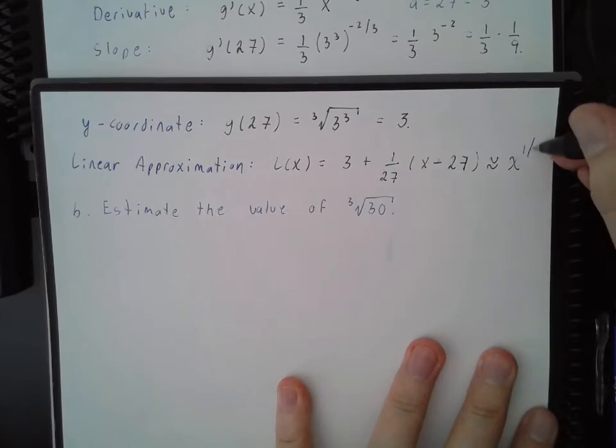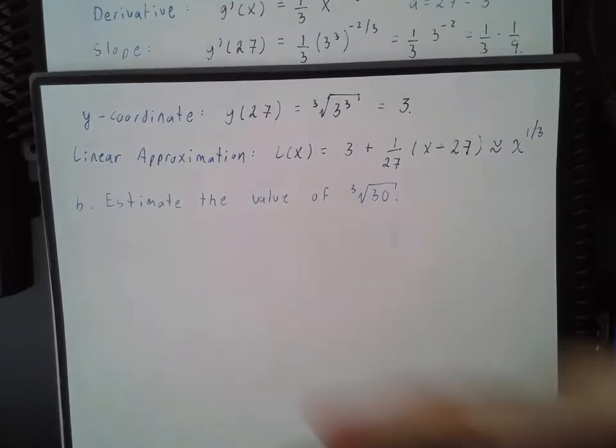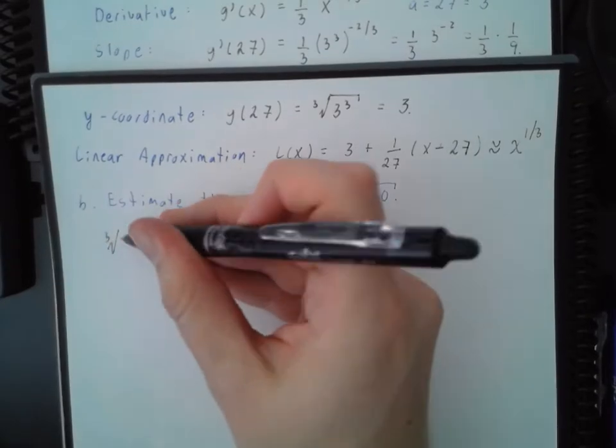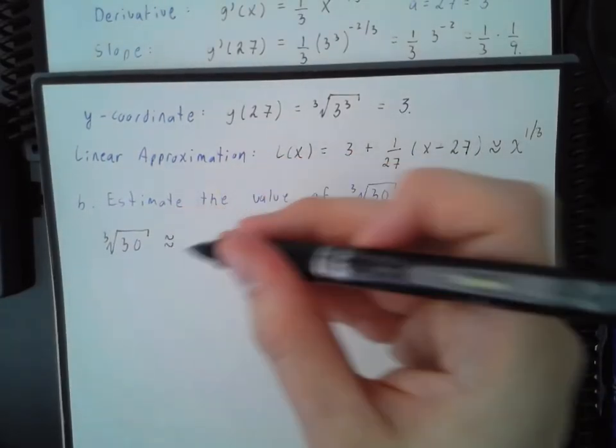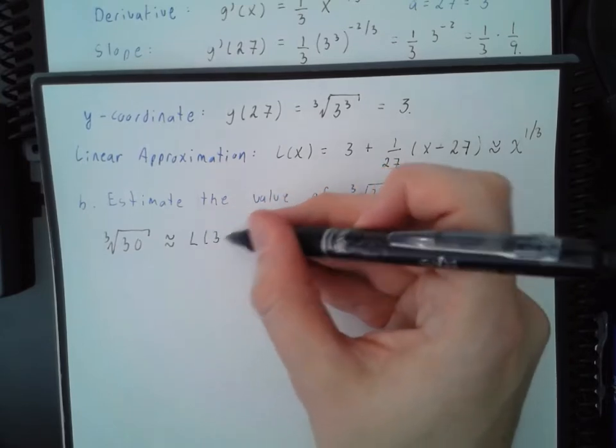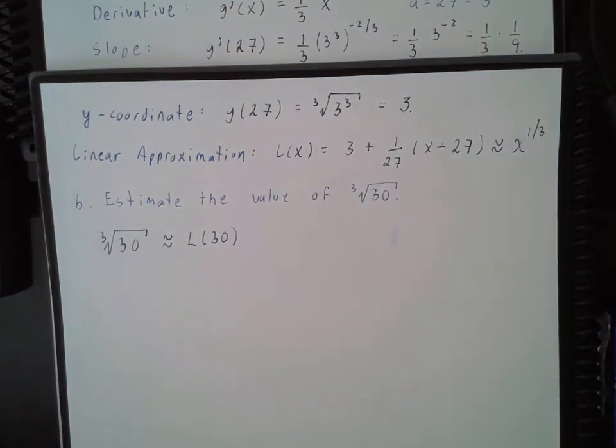So what I'm going to do instead is say that the cubic root of 30 is approximately equal to the function value of the linear approximation at x equal to 30.